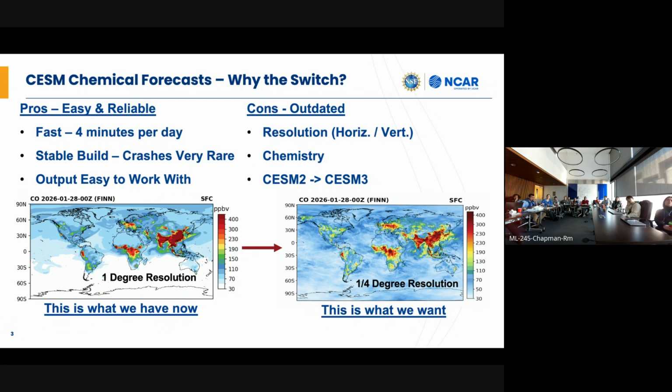We want to increase our resolution both horizontally and vertically. On the left-hand side there, that's kind of what we have now. On the right-hand side, that's what we'd like it to look like, a little bit higher resolution, and hopefully make it more usable than it even is currently.